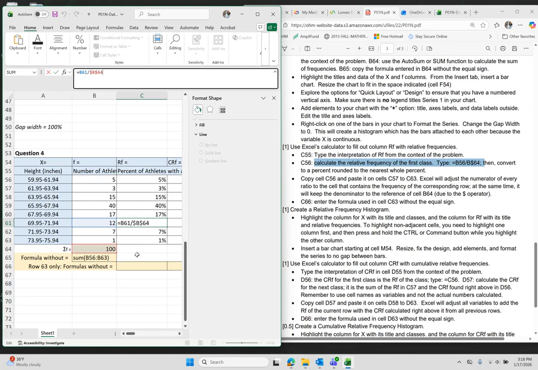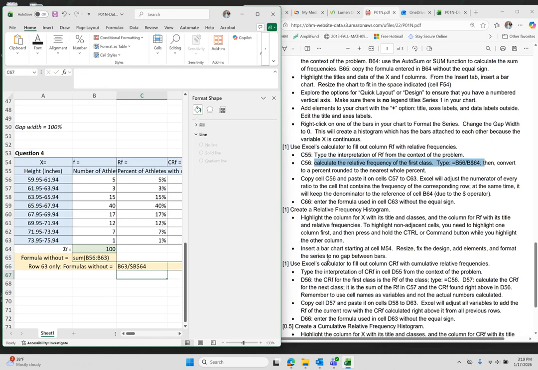And then in cell C66, it wants you to copy the last formula. So this formula that says B63 divided by $B$64, it wants that copied in cell C66. There we go.